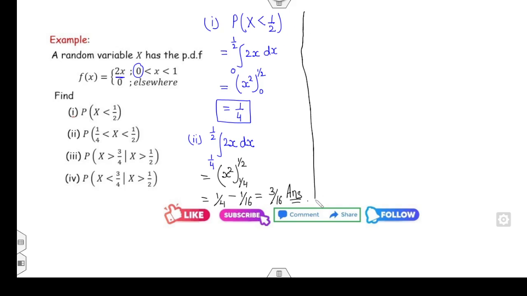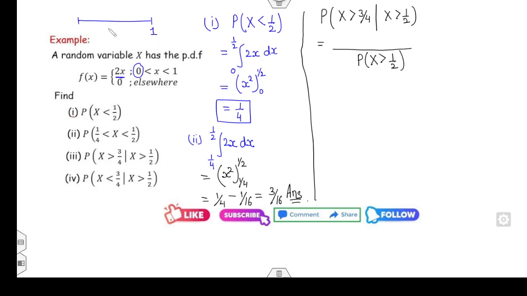Look at the third part. The third part is a conditional probability. Find x greater than 3 by 4 given x greater than half. So firstly, you can write for the denominator x greater than half. Now my domain is 0 to 1. In this domain, you can write it as half to 1. So this is the portion of the greater than. Now for the numerator, where is the 3 by 4?